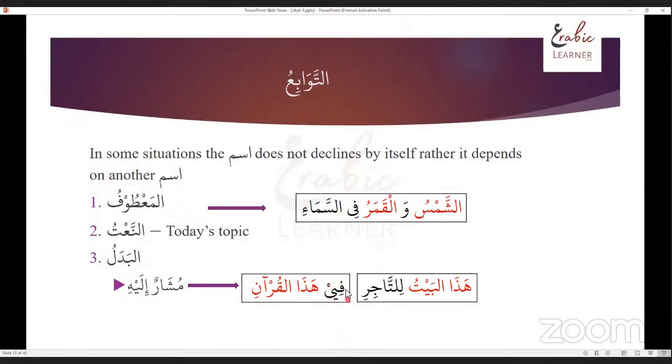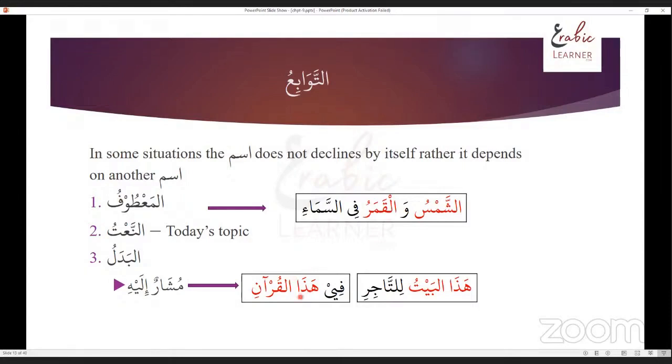What it will do to the ism that comes after it is make that ism majroor. So hadha is majroor, but it is written as hadha only. It cannot show it through a sign.